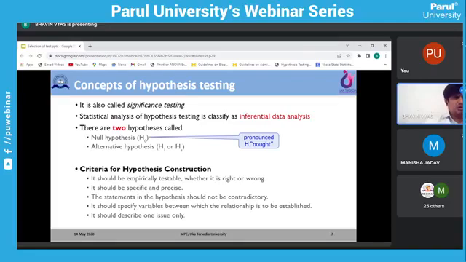So, what are the criteria for hypothesis construction? It should be empirically testable, whether it is right or wrong. It should be specific and precise. The statements in a hypothesis should not be contradictory. It should specify the variables between which the relationship is established.